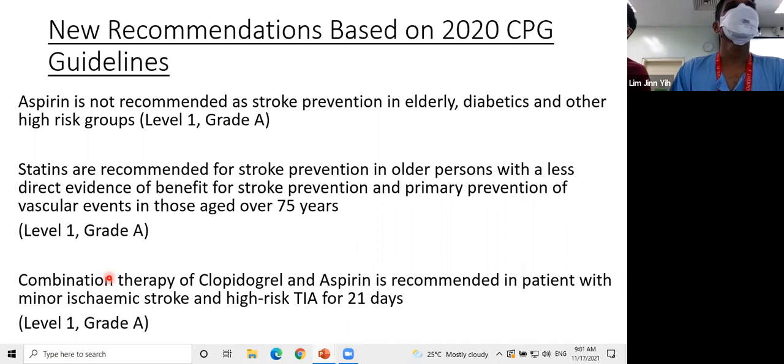Then after that, they went into management of hypertension prior to thrombolysis.